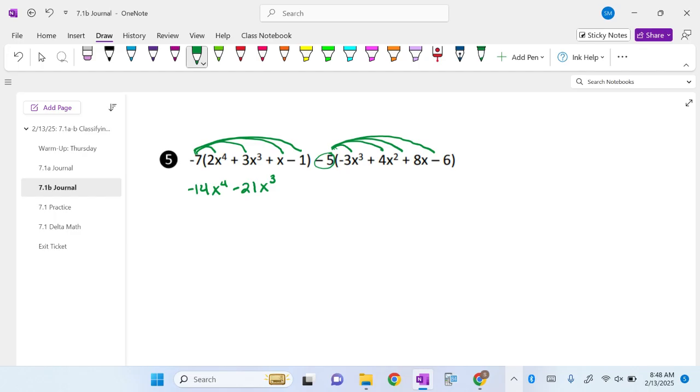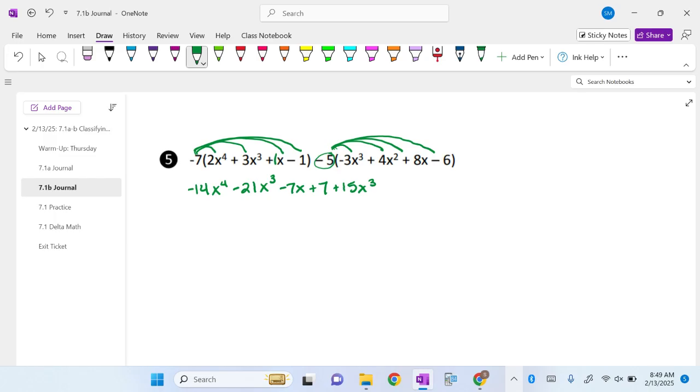All right. What about negative 7 times x? What's the unspoken? Right, negative 7x. There's an unspoken 1 here. And then negative 7 times negative 1 is just positive 7. What's negative 5 times negative 3x cubed? Positive 15x cubed.